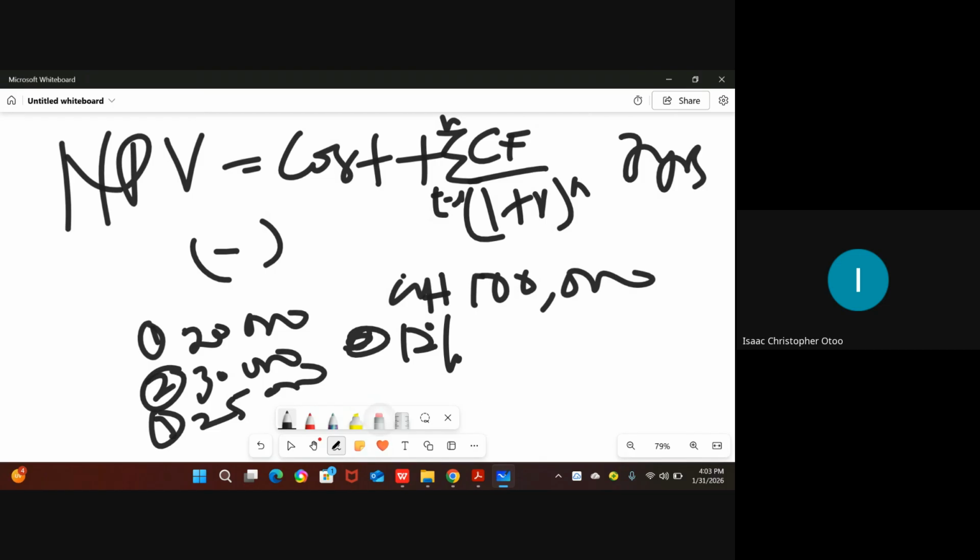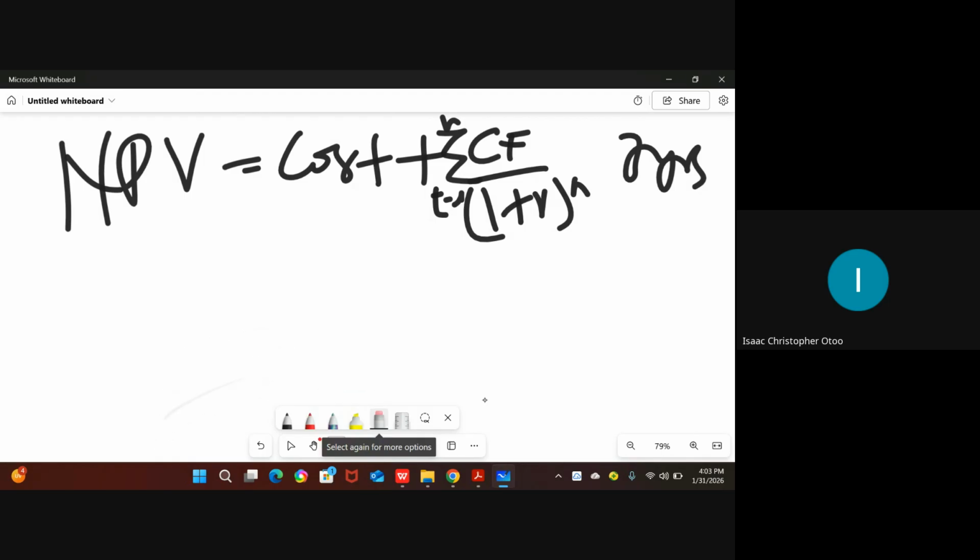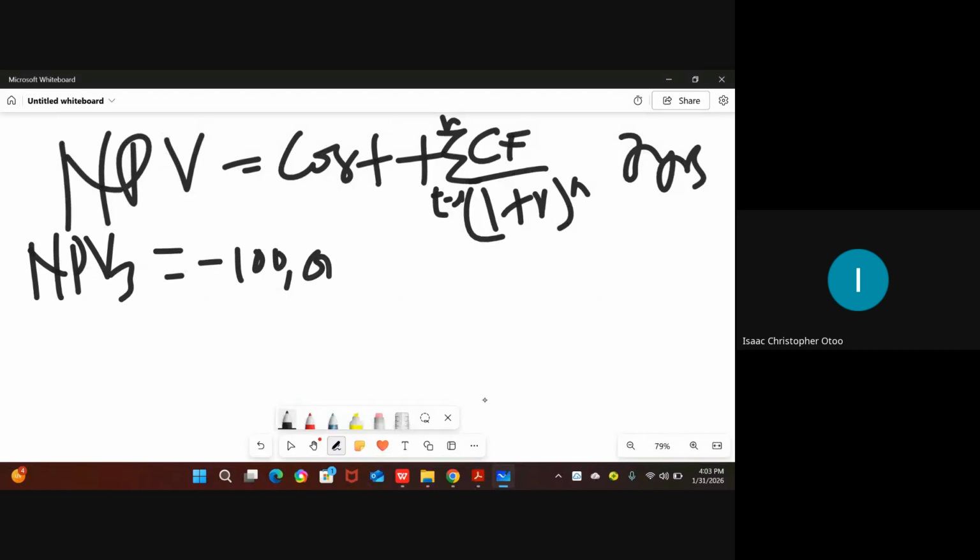Look at how I'm going to calculate it. NPV for 3 years: the cost, I always write it negative, 100,000, plus the first year's benefit.